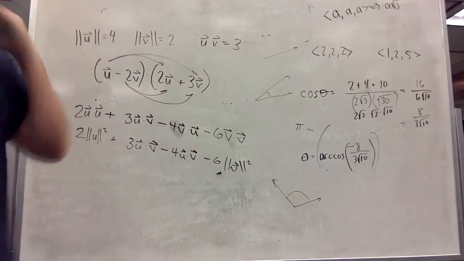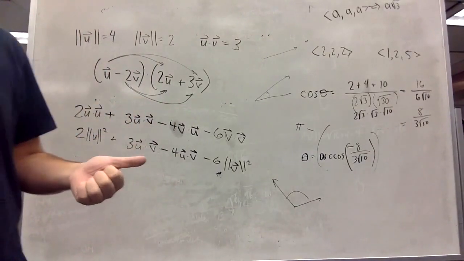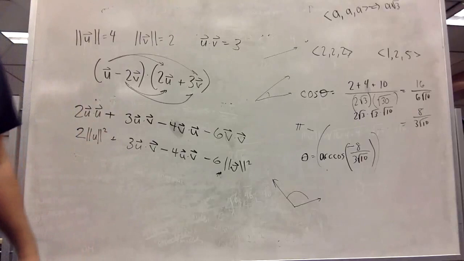Again, this is just using those formulas at the top of this page. I'm using the fact that a vector dotted with itself is its magnitude squared, and that the dot product of two vectors is interchangeable. u dot v is the same thing as v dot u.